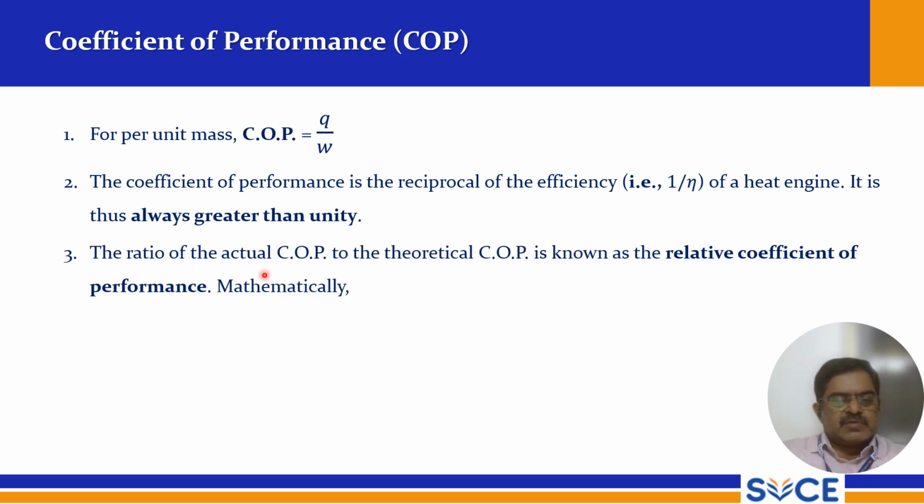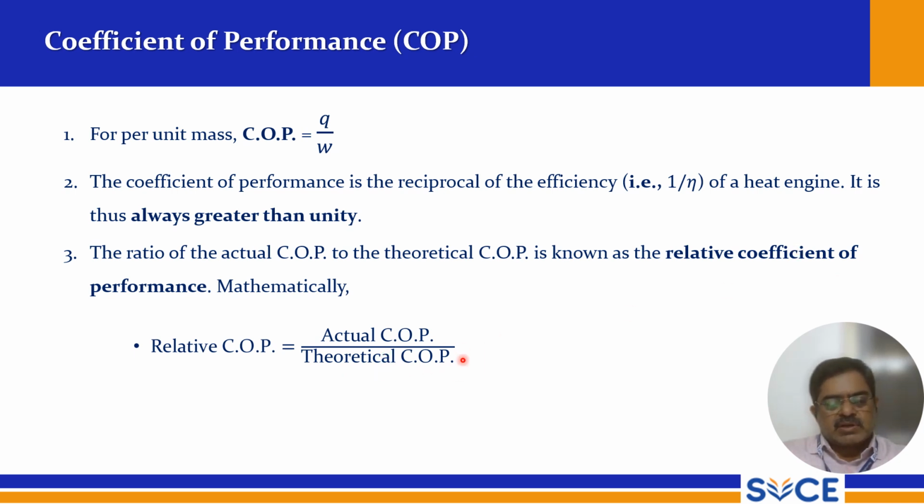And the ratio of the actual COP to the theoretical COP is known as the relative coefficient of performance, and this is mathematically actual COP divided by theoretical COP. It is known as relative COP. Relative COP also we are going to calculate in our numerical problem, students.